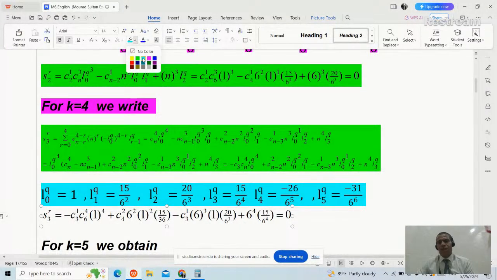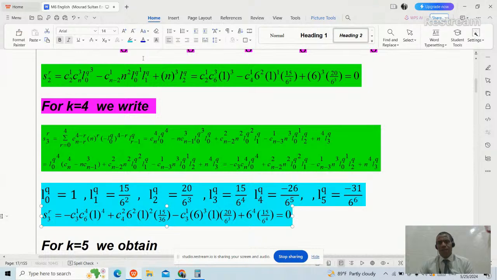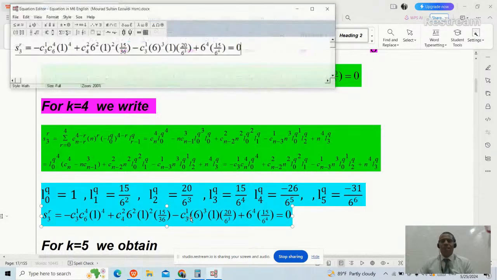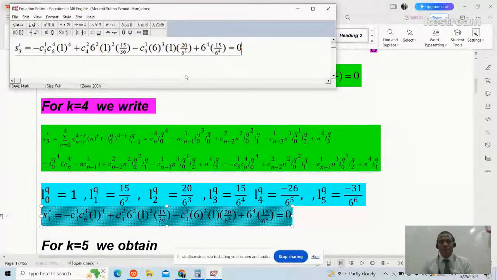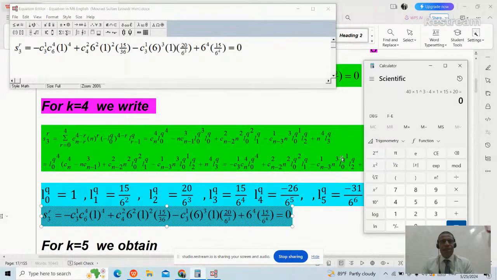I will continue doing like that. I will calculate this; this is S3. I will use the calculator. I will erase this one. It will be negative, learners. This is 3 times 15 is 45. Negative 45 times 1 raised to the power 4 is 1, never changes, just negative 45.